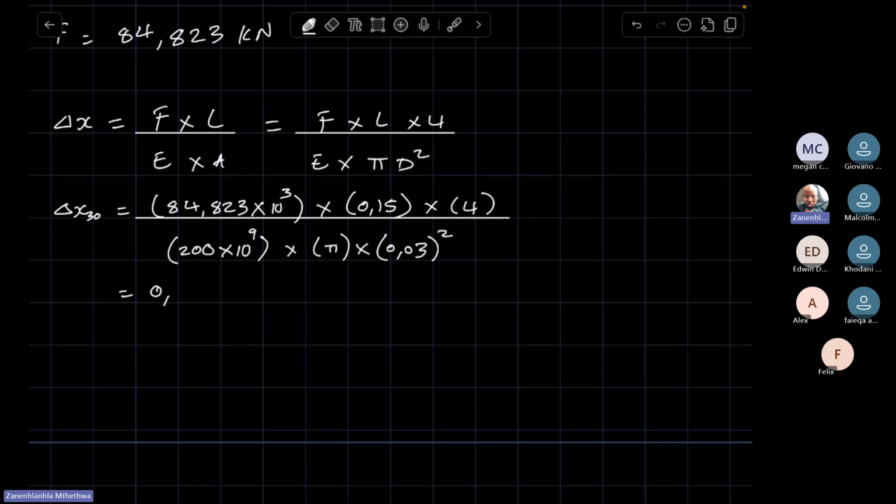You should get 0.0000895 and so on, times 10 to the 0. The point here is that this number is that small. So that is what I meant by the changes in length being so small that you cannot see them with the naked eye. Are we together?